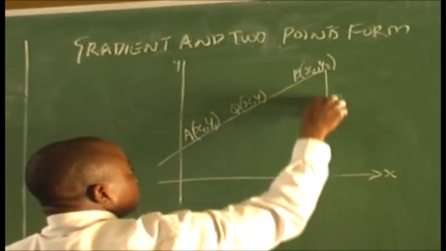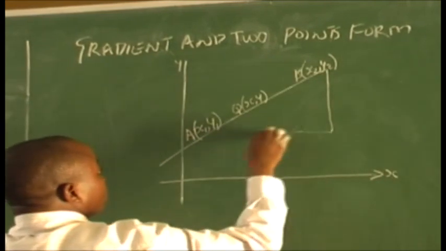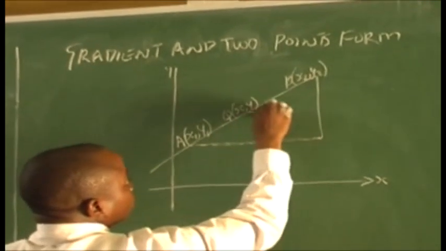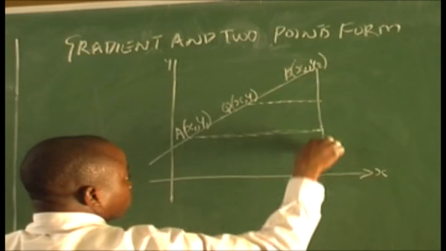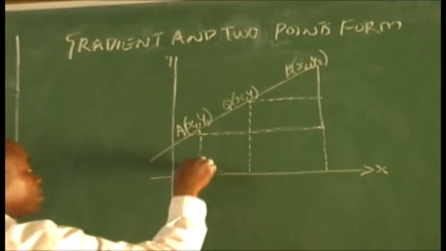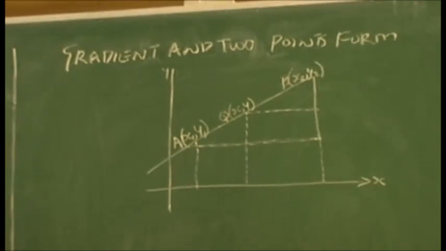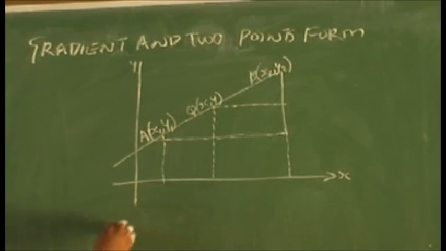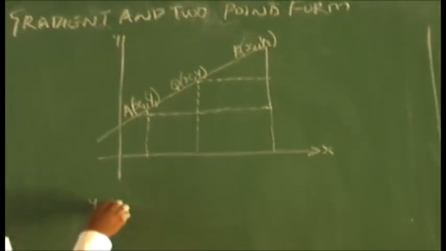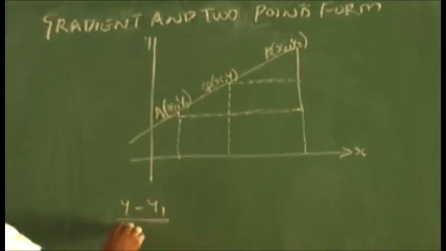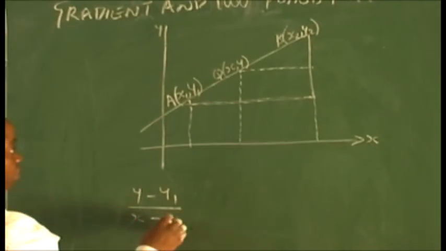Now we know very well that the gradient of AQ is given as y minus y1 all over x minus x1.